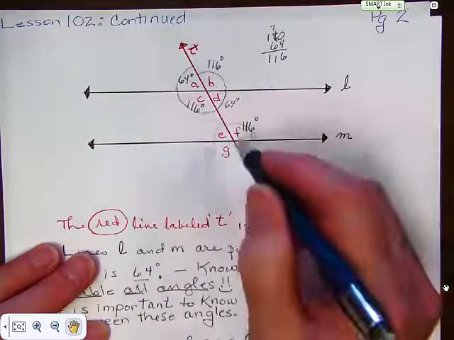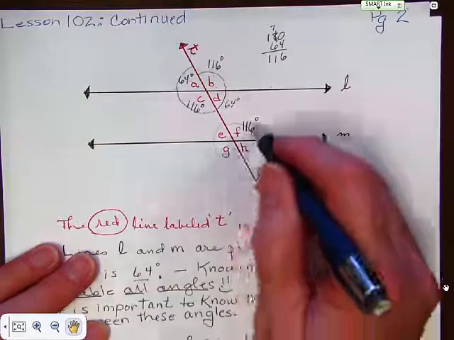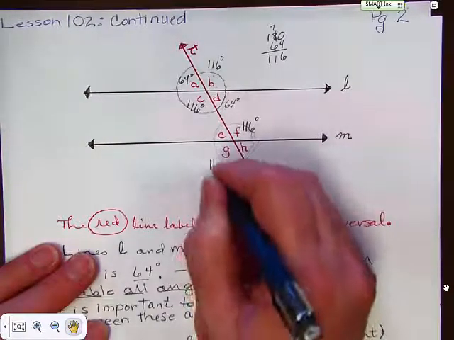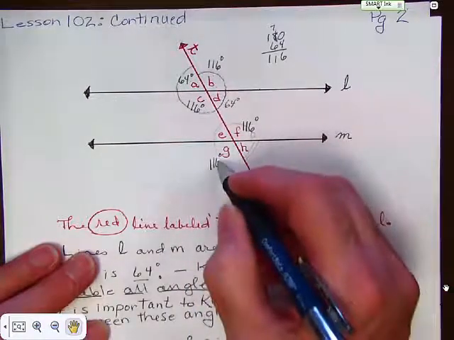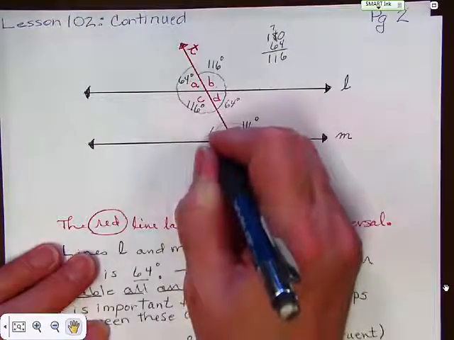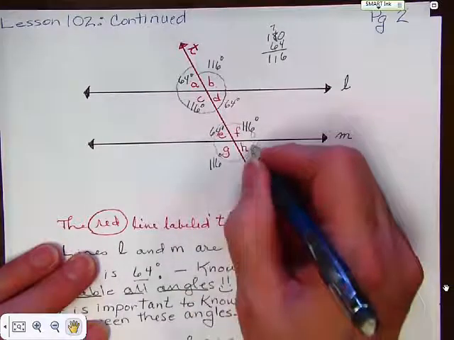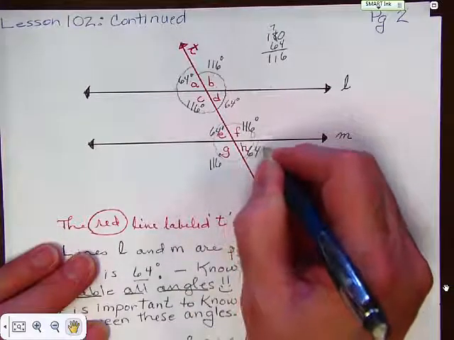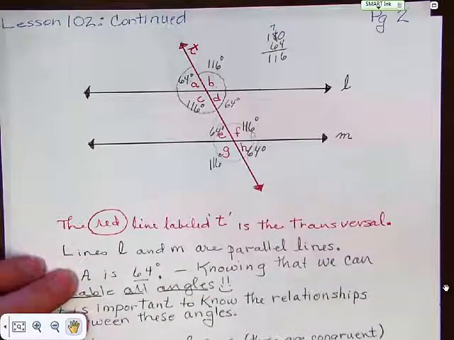And if this one's 116, then we automatically know its vertical friend here is 116. And of course, if this one's 116, then 180 minus 116 gives us this one at 64. And if this one's 64, then its vertical friend has to be 64. So now we have every angle labeled with its degrees.